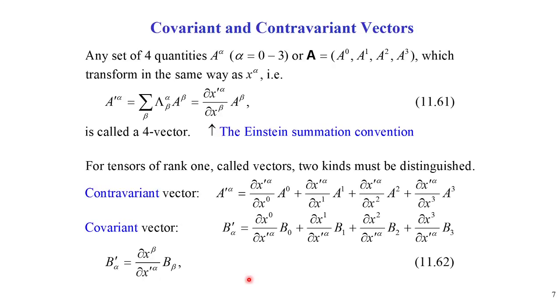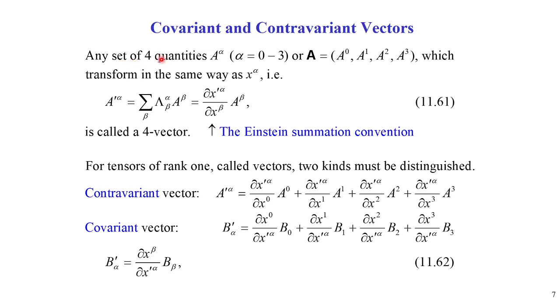Move on to the next slide. Now let's explain why sometimes it is a superscript and sometimes a subscript. What's the major difference? Actually, we have contravariant and covariant vectors.